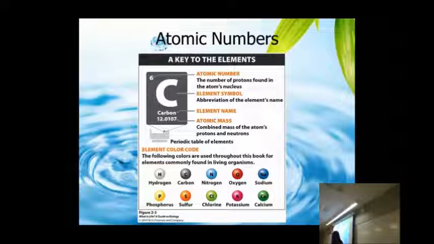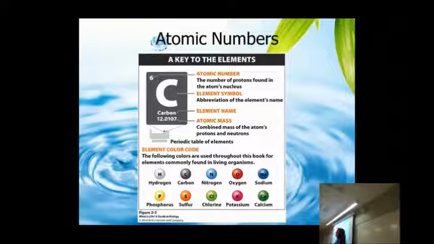So this number that's up here in the left-hand corner, that is the atomic number. That is the number of protons that are found in the atom's nucleus. Then we have the element, which is the big, usually single letter, sometimes two letters. That's the element symbol or an abbreviation of what its name is.